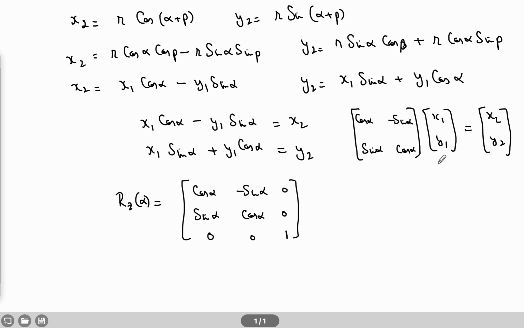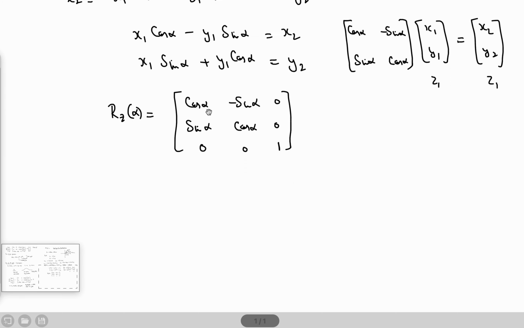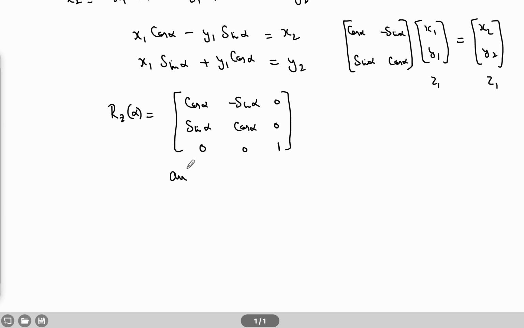Okay, so basically I can extend it as 0 0 1, and then if I do x1 y1 z1, this becomes x2 y2 z1, right? So if I take z1 over here, this remains as z1 because the rotation is about z, so that coordinate will not change. Okay, so this is Rz alpha, right? So similarly, alpha can be any angle, and the rotation is anti-clockwise.